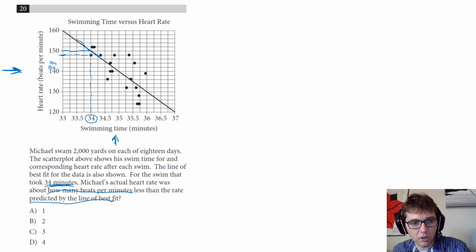I know this writing's small, I'm sorry. This is 146, and this is 148. So the line of best fit was predicting 150. The actual was 148. So there was a difference of 2 beats per minute between the line of best fit and the actual recorded data. So your answer is B, 2.